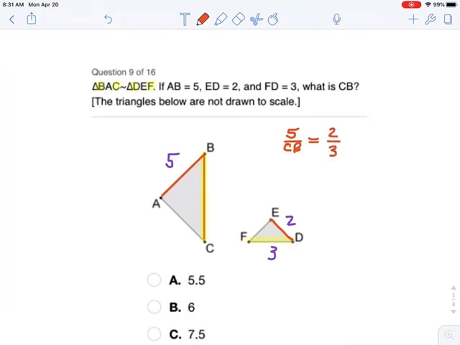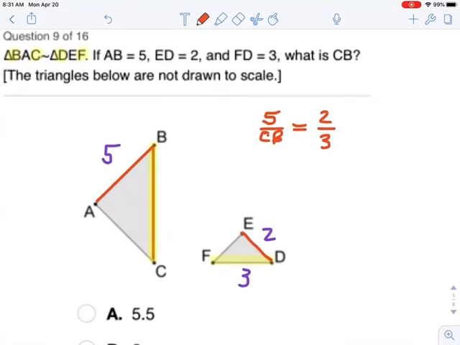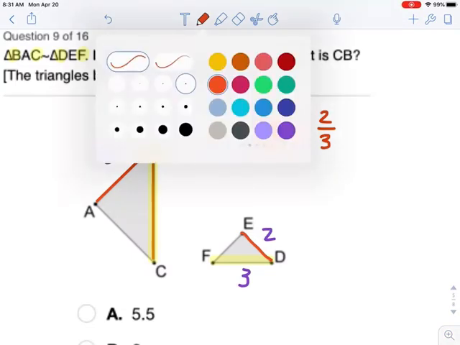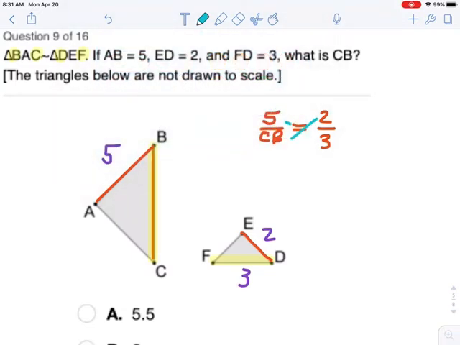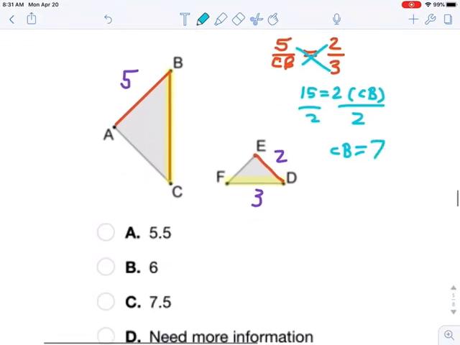That's legal. I'm allowed to set that up. I could have also said 5 over 2 equals CB over 3, and so on. Regardless, cross multiply, 15 equals 2 times CB. Divide both sides by 2. CB equals 7.5. Boom. Nice.